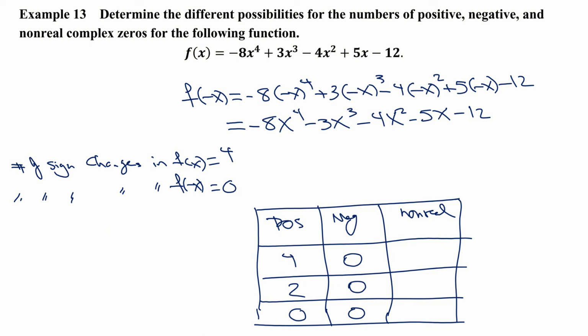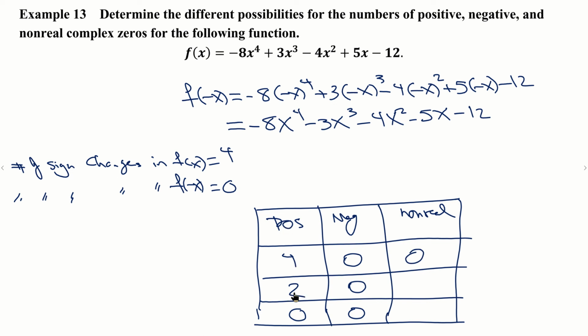There's none. There are not going to be any negative roots possible, right? So now we want a total of how many roots? It's a fourth degree. It's a quartic polynomial. So how many roots do we expect? 4, right? So if you have 4 positive, that means these two are both going to be zeros because all the roots are spoken for by the positive reals, right?